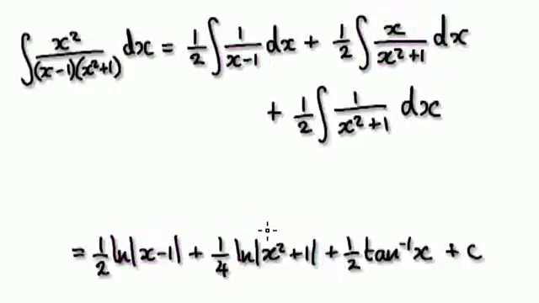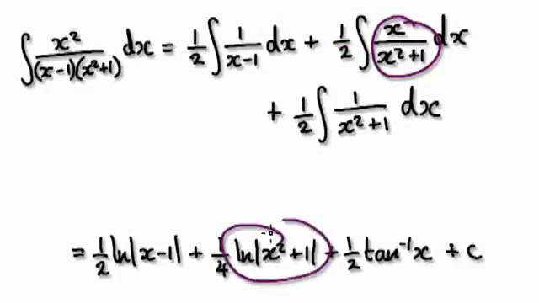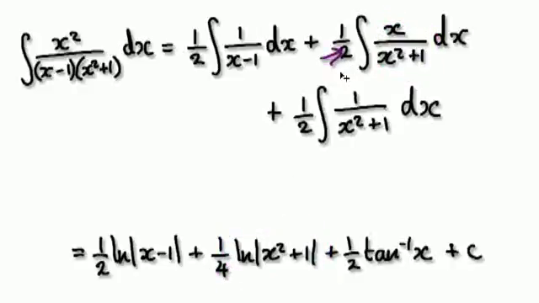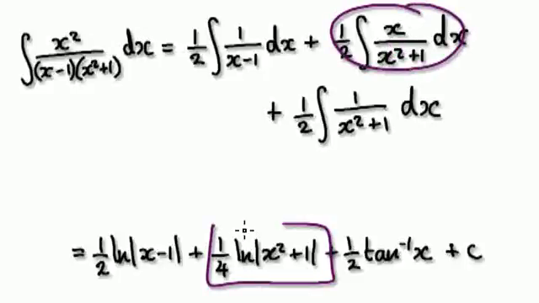And don't forget, this 2 here will become a 4. Integrate this, it will give you this thing, but bear in mind that there's a 4 here, not a 2, because of this. So from here, that will take you to here.